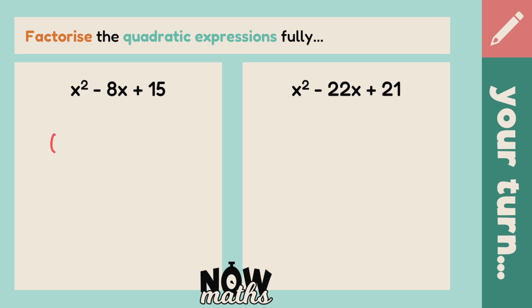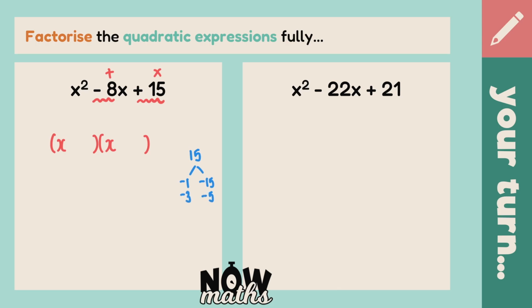So for our first quadratic, we know we're going to put it into double brackets, and we will have an x in the front of each bracket, and we're looking for two numbers that multiply to give positive 15 and add to give negative 8. If two numbers are going to multiply to give a positive number and add to give a negative, both of the numbers are going to have to be negative. So we could have negative 1 multiplied by negative 15, or negative 3 multiplied by negative 5.